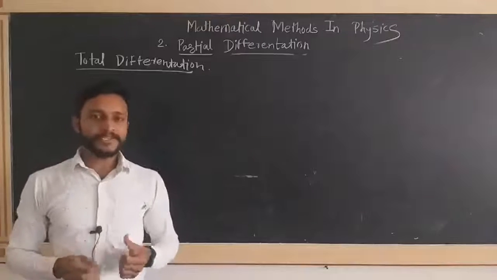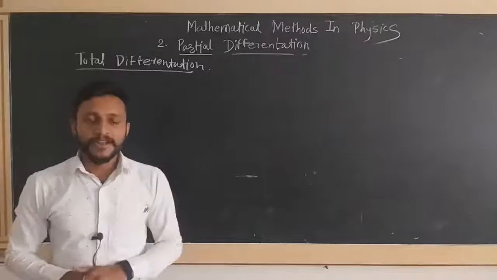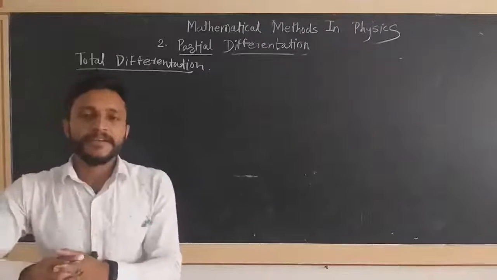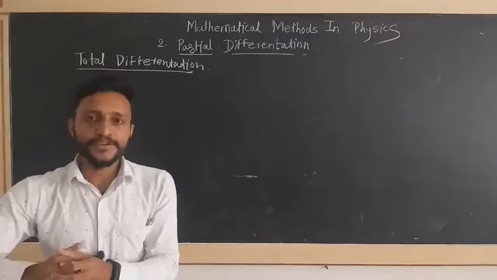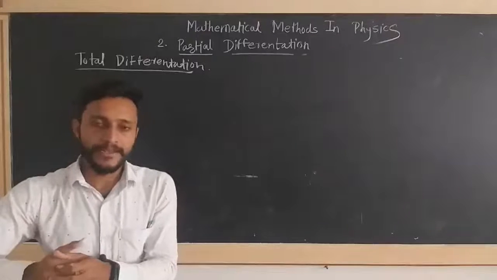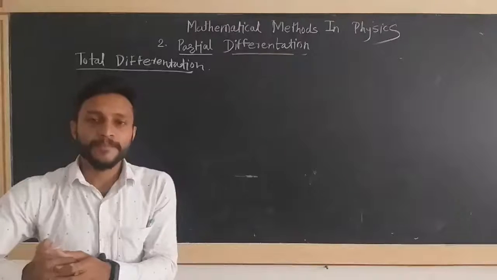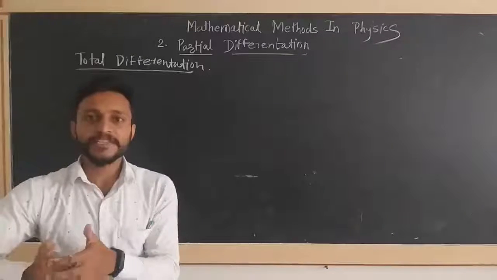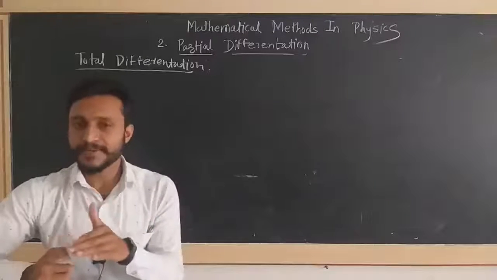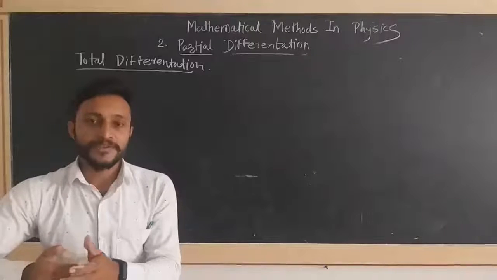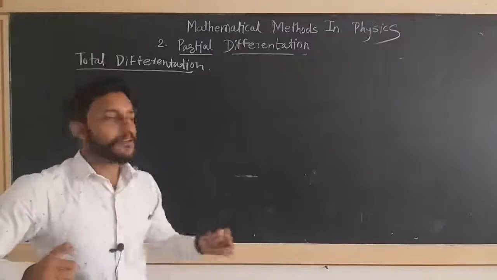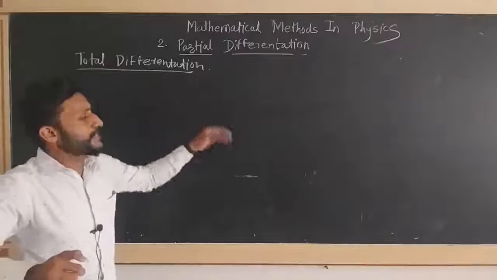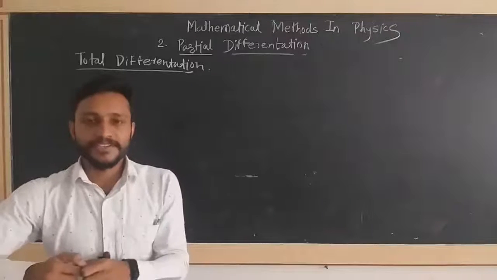Now the next point is total differentiation. In total differentiation, if f is a function of two variables x and y, but the function is changing with respect to x and y simultaneously, at that time we have to use total differentiation.